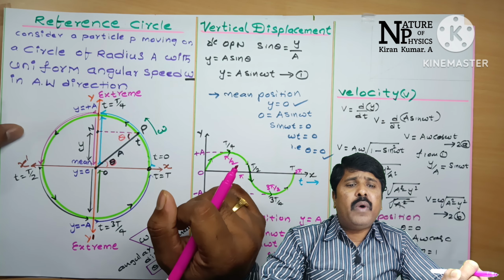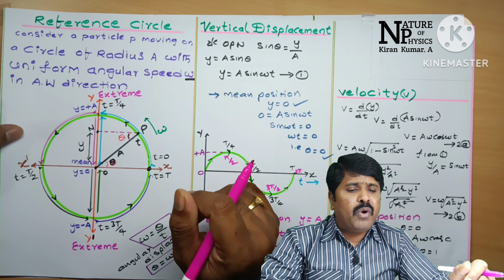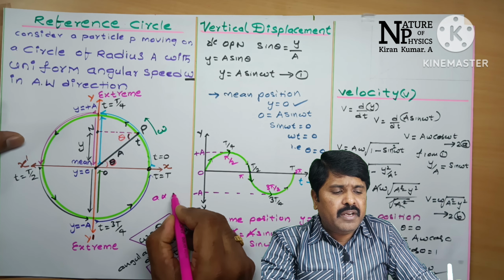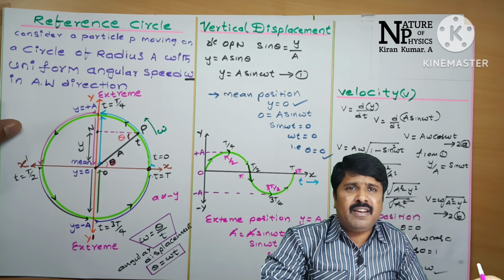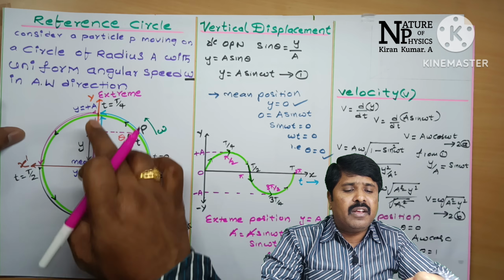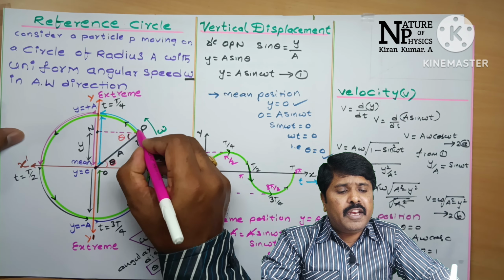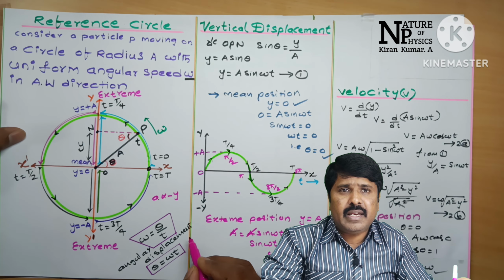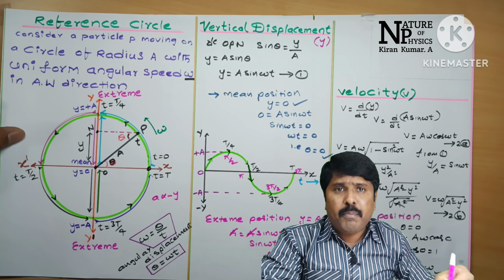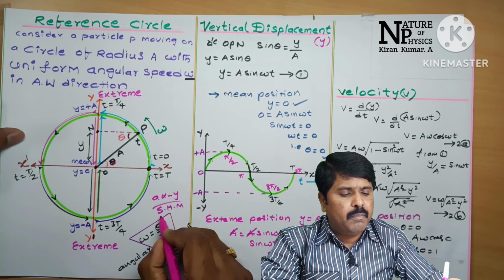A body is said to be in simple harmonic motion if it moves to and fro along a straight line about the mean position, such that at any point its acceleration is directly proportional to the displacement y and opposite in direction. This represents the simple harmonic motion.